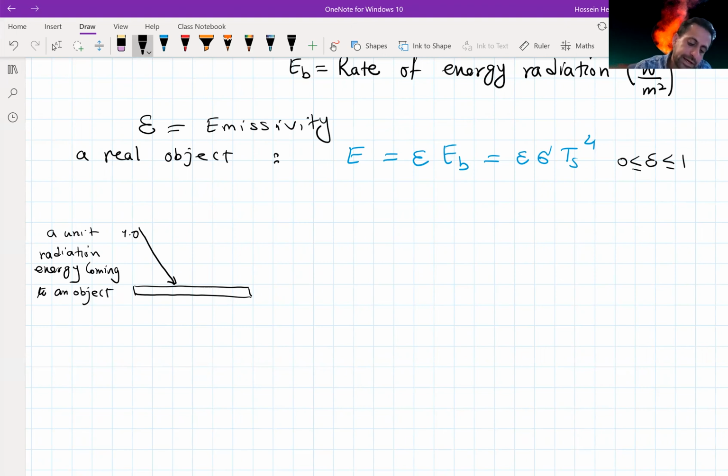So this object can emit energy, depends on its surface temperature, and at the same time it can receive energy. Now the energy that comes to this object, part of that just gets reflected. I'm just going to show it with the fraction that is getting reflected. A fraction of that is just getting absorbed, I'm just putting as an alpha, and a fraction of that is just passing through, just showing as a tau.